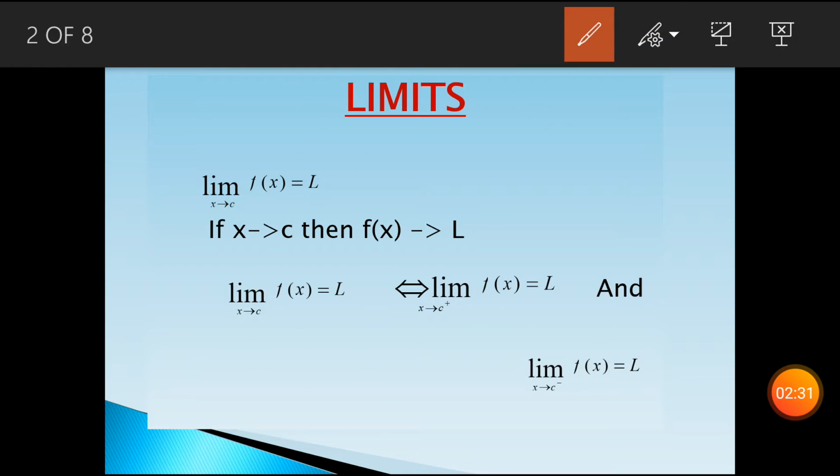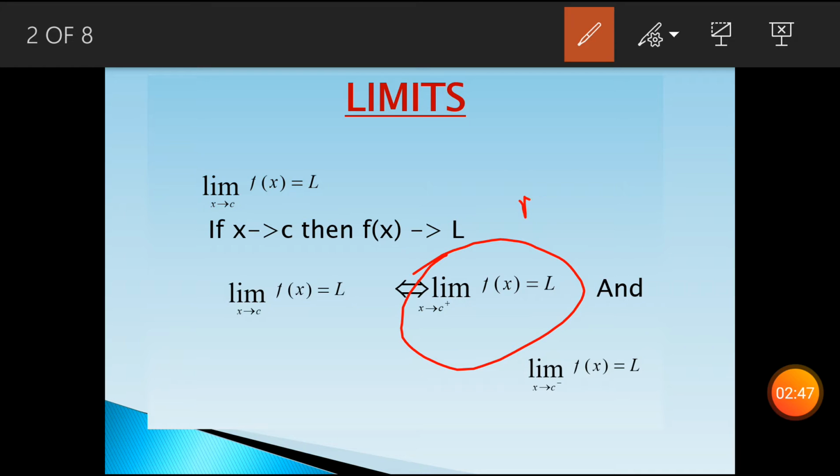One thing you have studied in 11th standard was about the existence of the limit. The limit exists if the left hand limit equals the right hand limit. What is the meaning of the right hand limit?